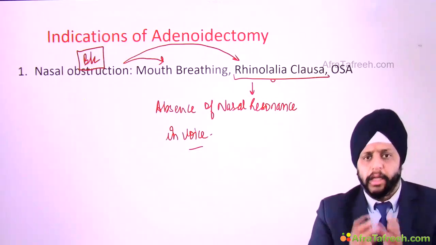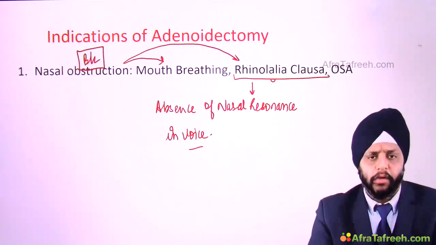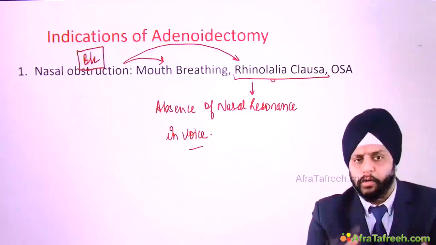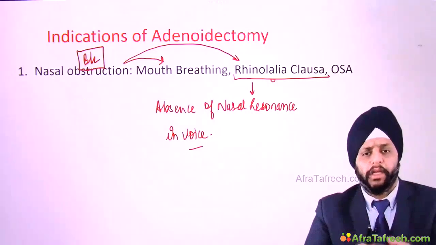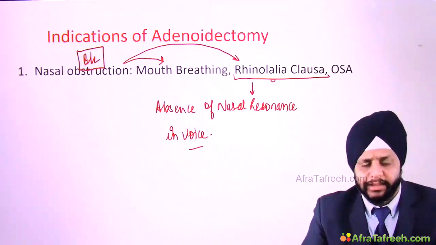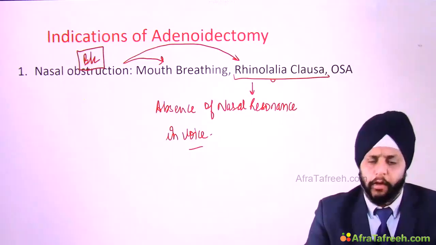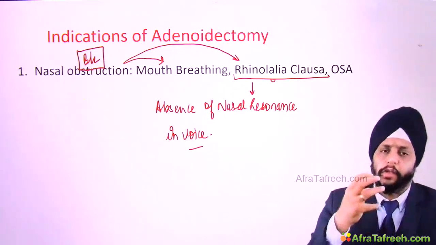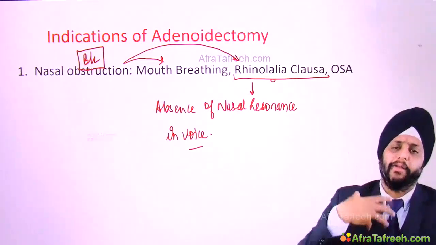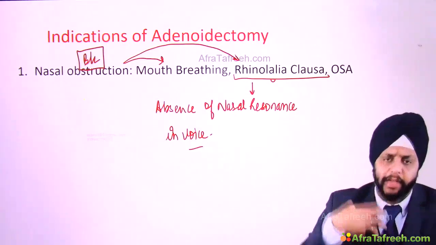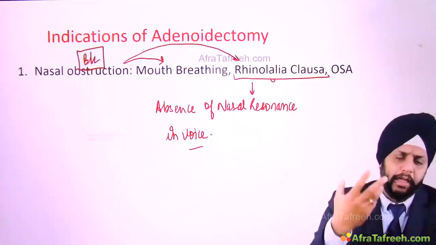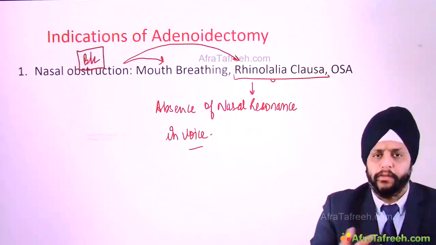That nasal resonance is important to give a particular quality to our voice, and especially to differentiate some sounds such as M and N. In rhinolalia clausa, because of the mass, the nasal resonance is gone. The air is not able to go into the nasal cavity.